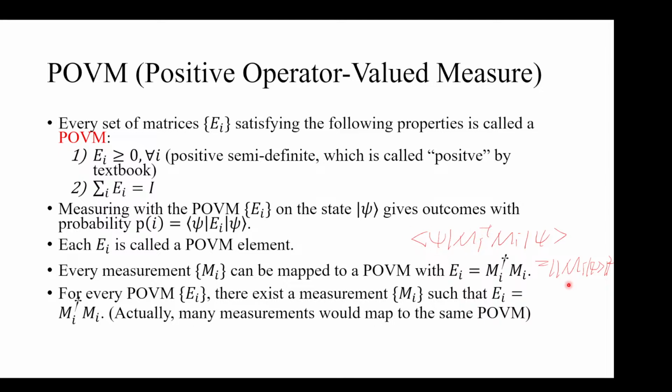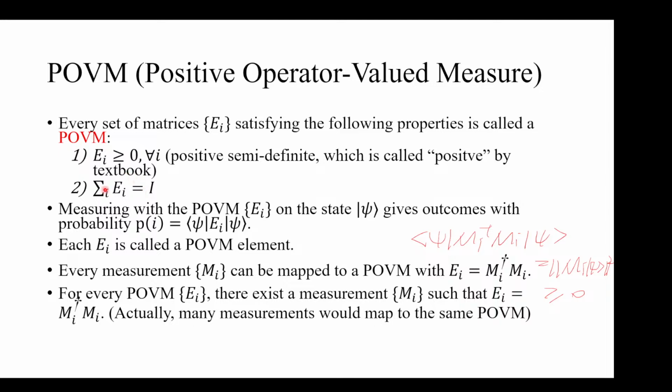So it's the dual of M_i psi times M_i psi. That's the norm squared of M_i psi, and that should be greater than or equal to 0 for any psi, because this is one vector, and the norm squared of any vector is greater than or equal to 0. And so you see that E_i is a positive operator.